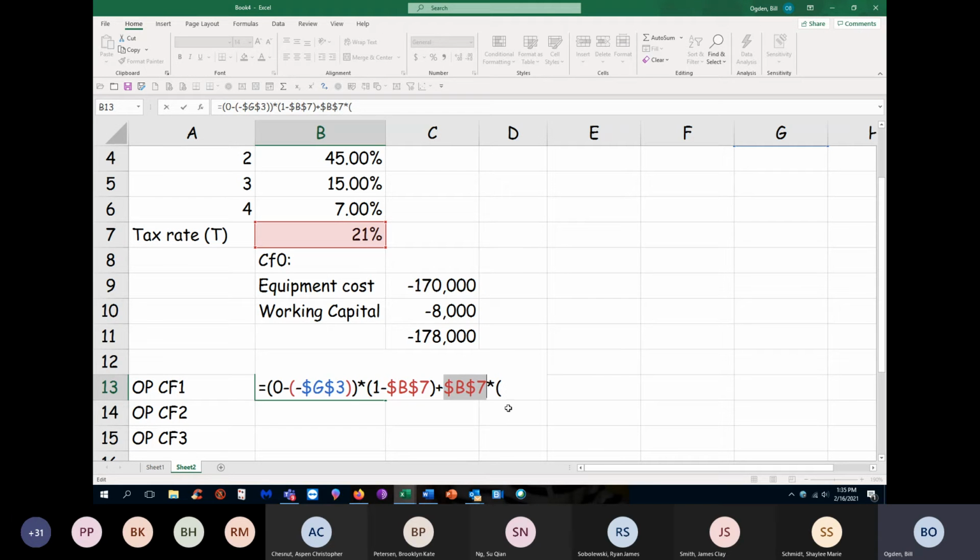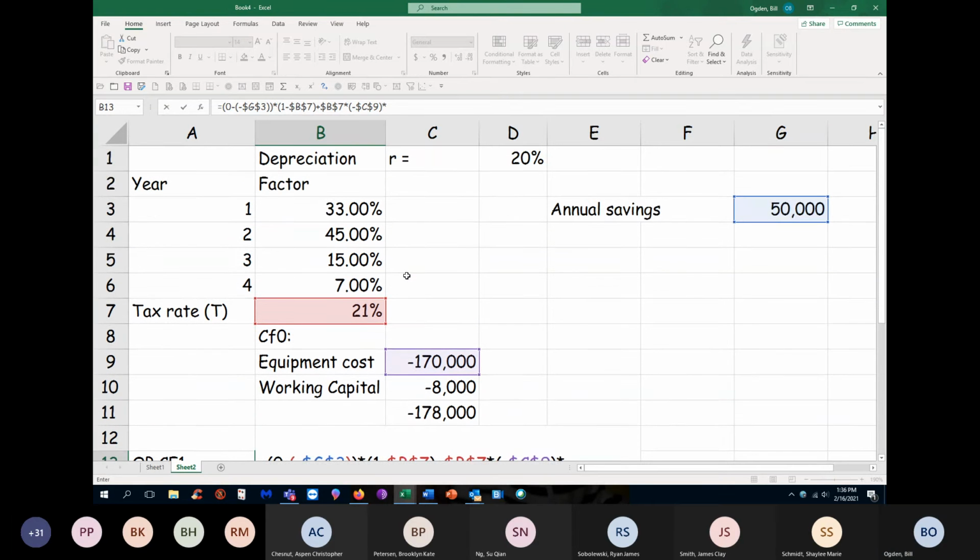T times depreciation. Well, right now I'm showing the cost as a negative value, so why don't I flip the sign on that? Times minus 170. And I'm going to remember to lock that. Times our first factor. I don't lock the factor, right? Because I'm going to pull this down, aren't I?